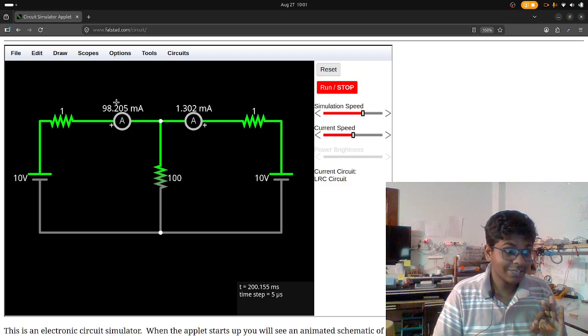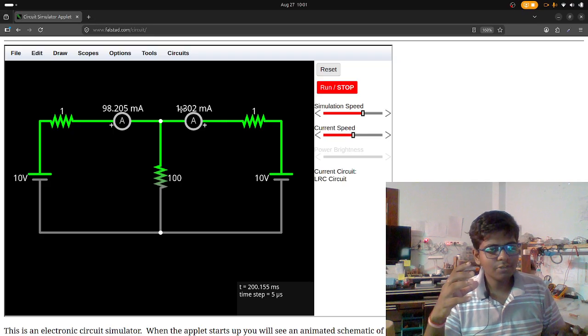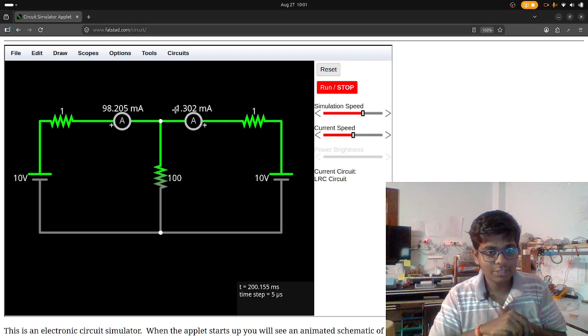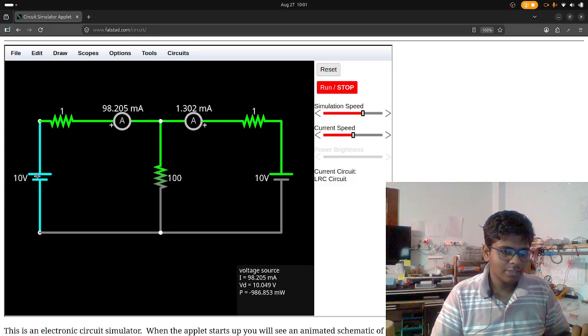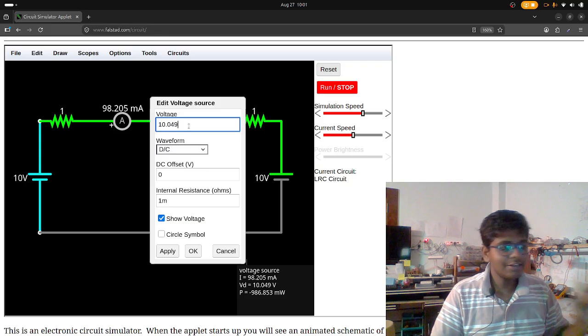So here you can see 98 milliamperes and 1.32 milliamperes. The question is why that much difference, a 100 times difference, is coming here. When we closely observe the voltage sources, we find that they are not exactly 10 volt.